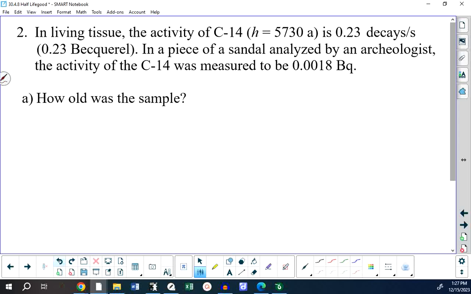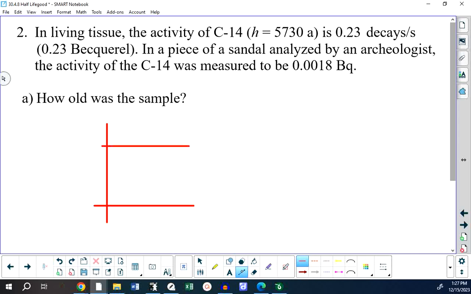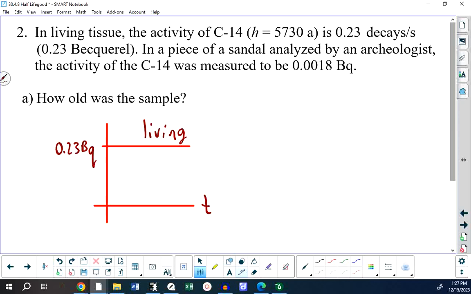As soon as a living organism dies, that exchange ends. Maybe we'll look at it this way. If you have a living organism, this is what the graph looks like.